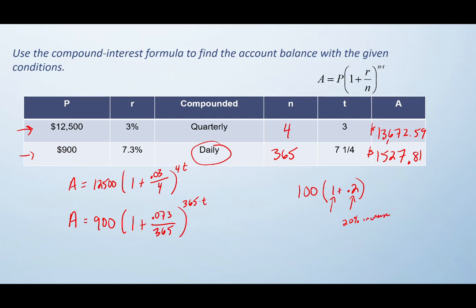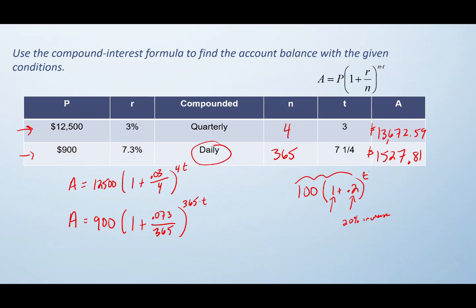And if we say this item is going to increase 20% every year, then this is the first year, and then this would be the second year, times another 1 plus 0.2. And this would be the third year and the fourth year and so on. And so instead of writing that, we could just raise it to the number of years. And so that's really where this formula is coming from.